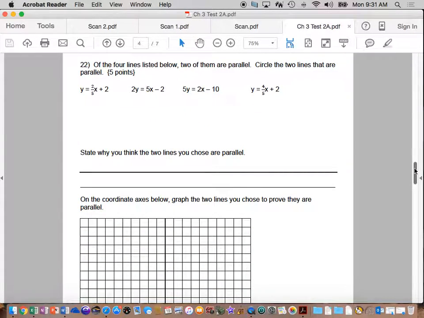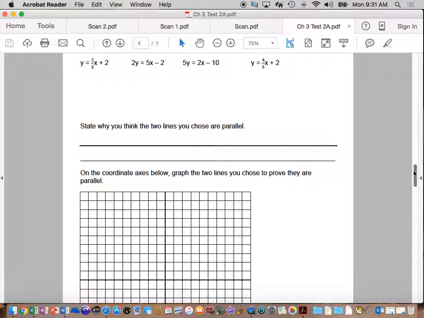All right, all 4 lines are listed below. 2 of these are parallel. The 2 that are going to be parallel are the 2 that have the same slope. So, as I look at this, I notice right away that this is 2/5. This guy, when I divide by 2, is 5/2. Ah, look here, when I divide by 5, I get 2/5 again.